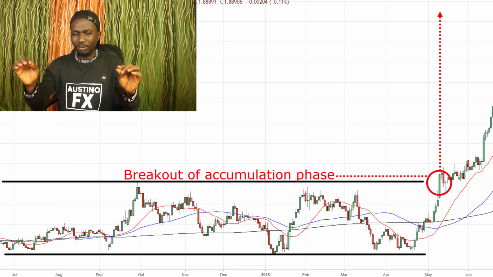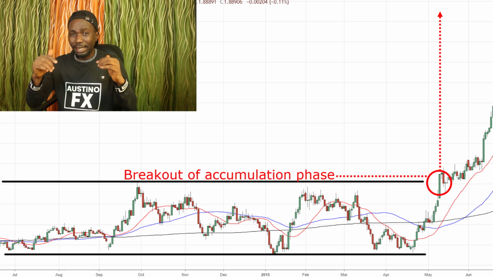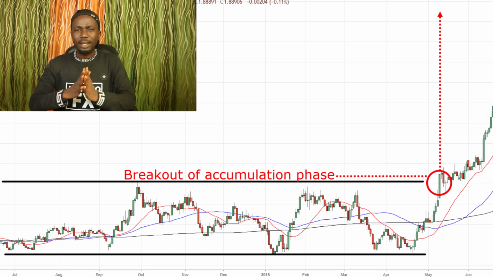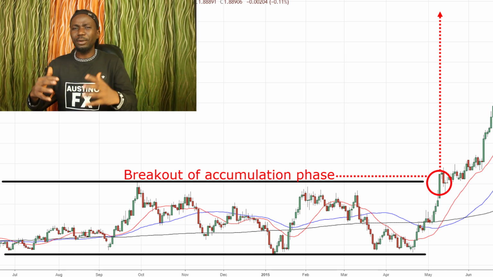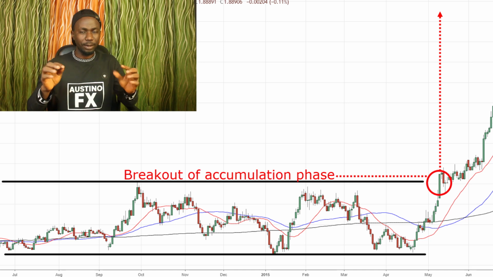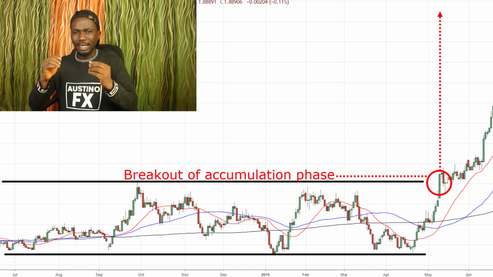Accumulation stage. You know that after a downtrend, there will definitely be a range. So when there is a range after a strong downtrend, we call it what? An accumulation stage.